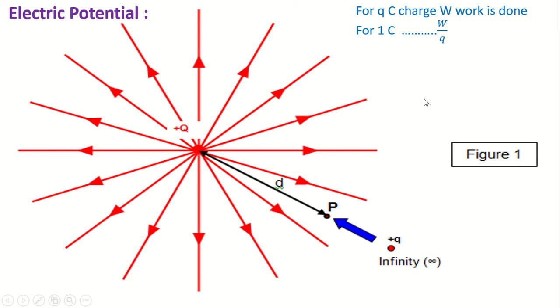And you know the definition of electric potential: the work done in order to bring the unit positive charge from infinity to any point in the electric field is known as electric potential. So W by Q equal to V. That means V equal to W by Q. So V is the electric potential.